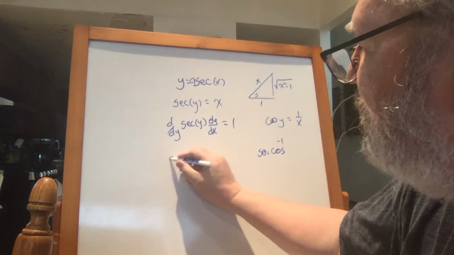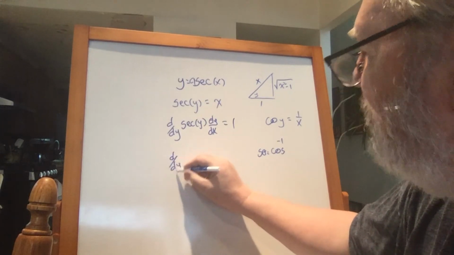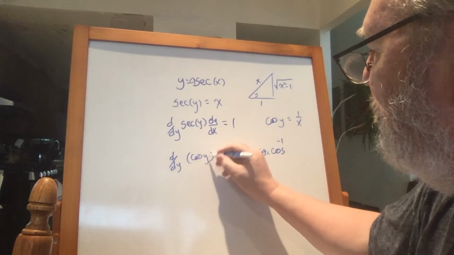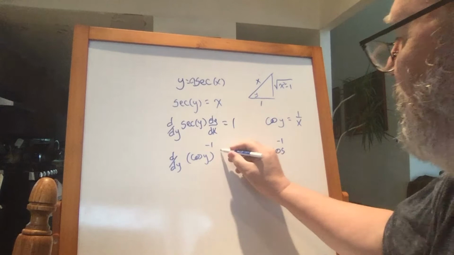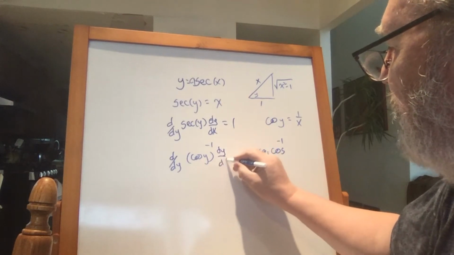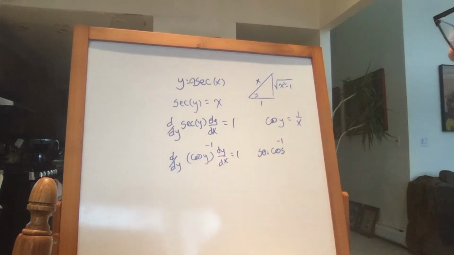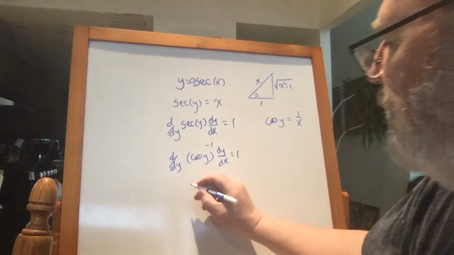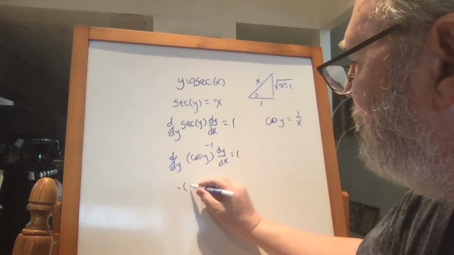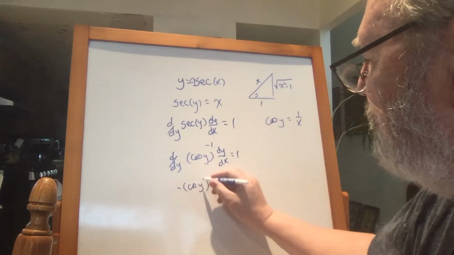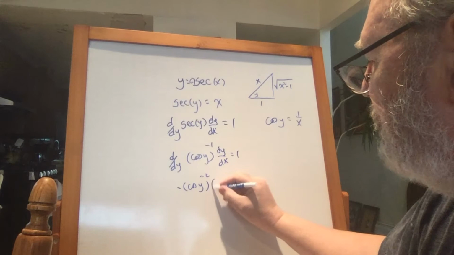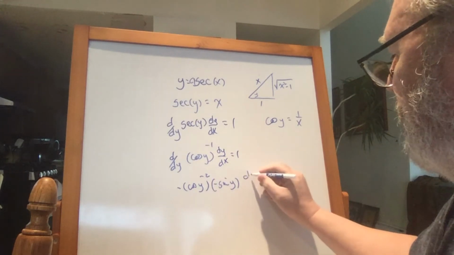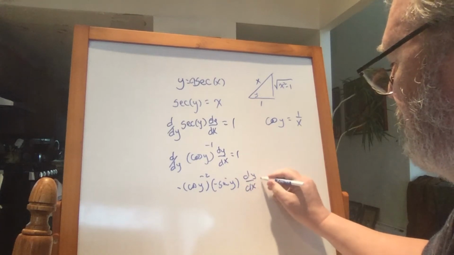So d/dx of cosine y to the negative 1, dy/dx equals 1. That's equal to negative cosine y to the negative 2 times negative sine y, dy/dx equals 1.